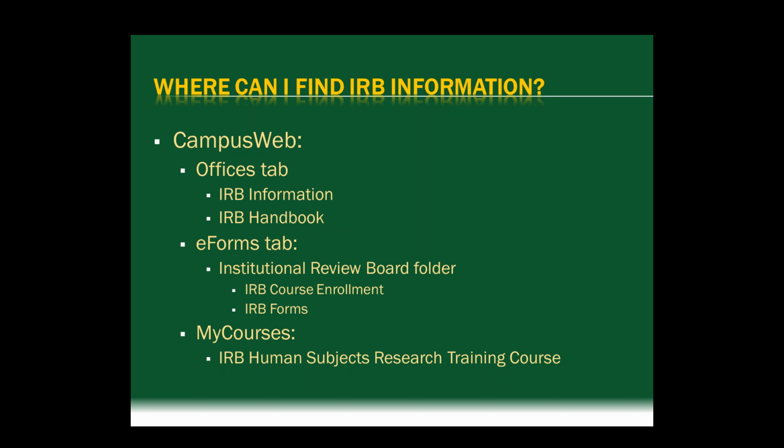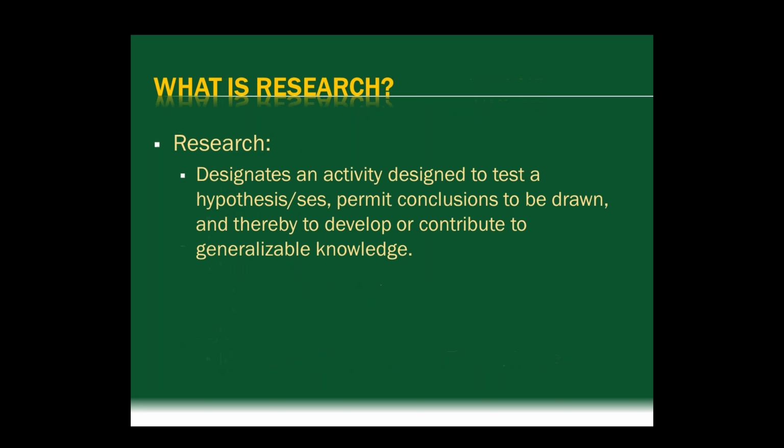When you complete and submit this form, you will need to wait 24 hours before you will be able to access the course and complete the course. Also in that Institutional Review Board folder, you'll find all IRB forms. The IRB Human Subjects Research Training course is available under My Courses in Campus Web.